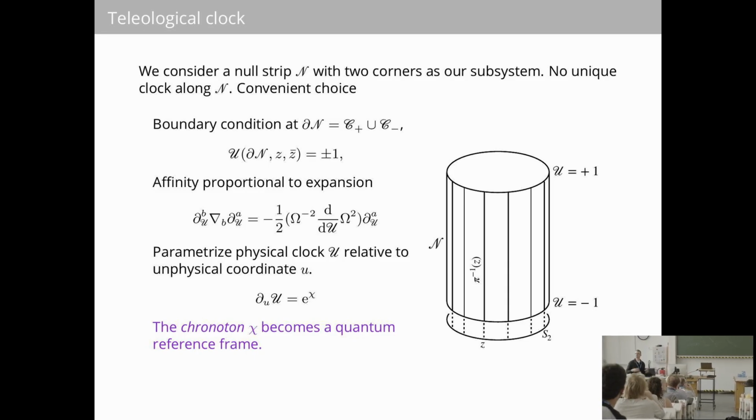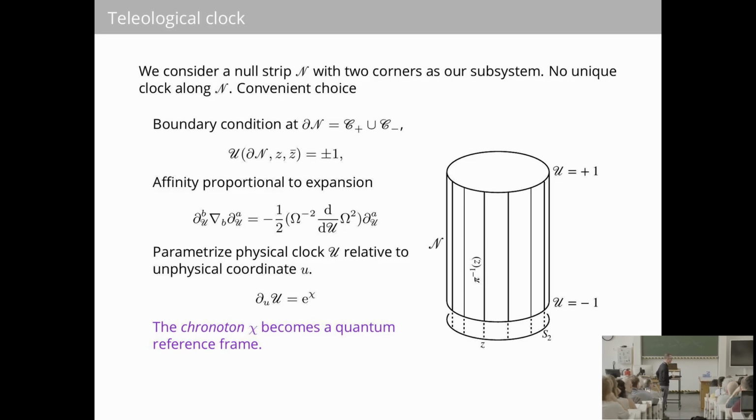So there's no natural notion of time along a null ray, so we can choose any one that we wish. The one that actually simplifies our analysis is one which is not what we call in relativity affinely parametrized, but these are null generators that have a non-trivial non-affinity given by the expansion, basically.